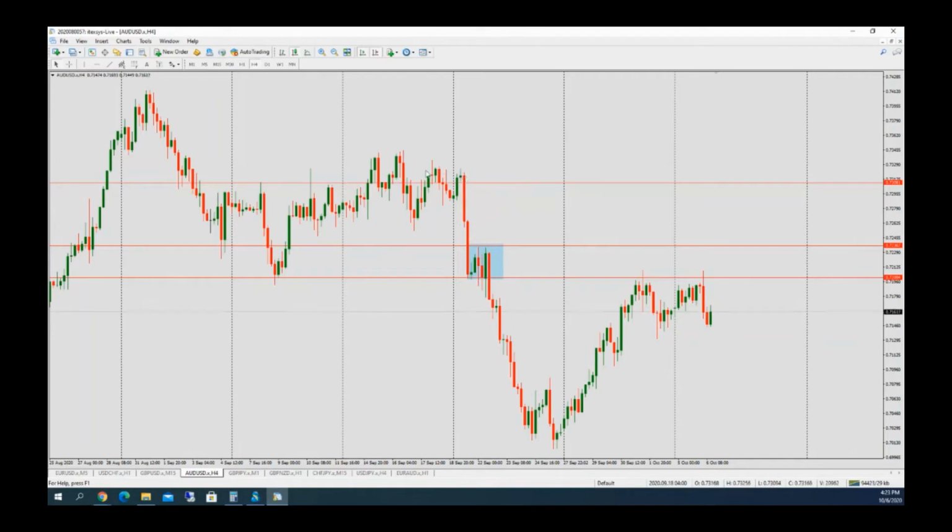Behind this supply, on the left, we can see a level that was kind of resistance, but it was before the price created this supply, not after. So this supply was created after all this resistance was here, and therefore it is counted as a valid supply to sell on the first touch.